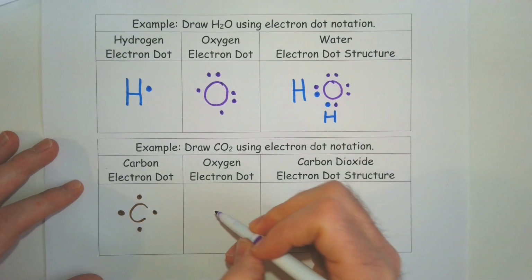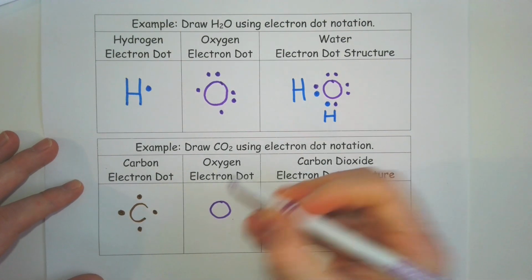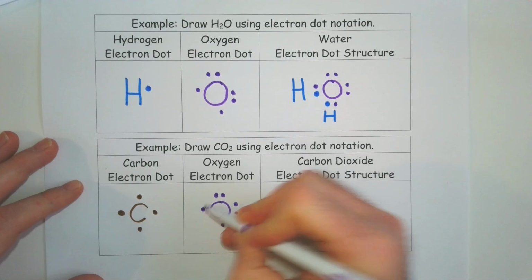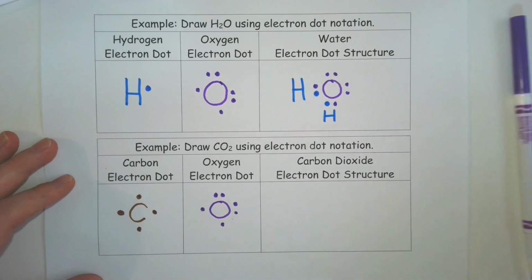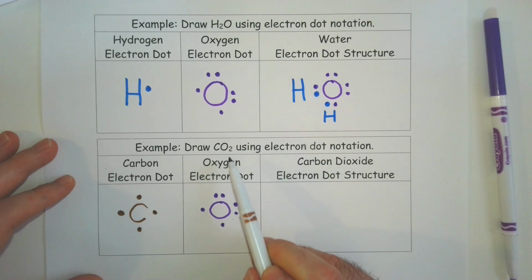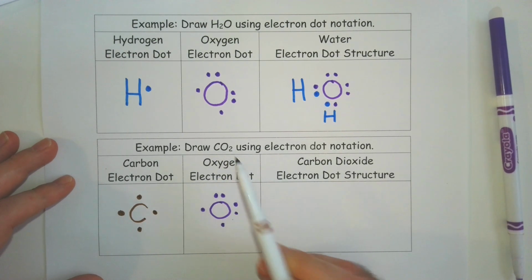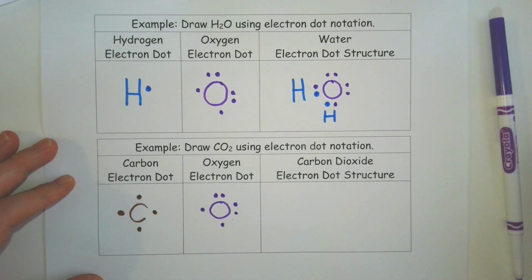We'll redraw oxygen here. Just did that on top. It's got 6 valence electrons, 2 unpaired electrons. And if we look at our molecular formula right here, our 2 after our oxygen says there are going to be 2 oxygens for every 1 carbon in this molecule.